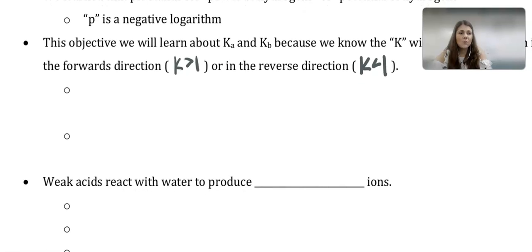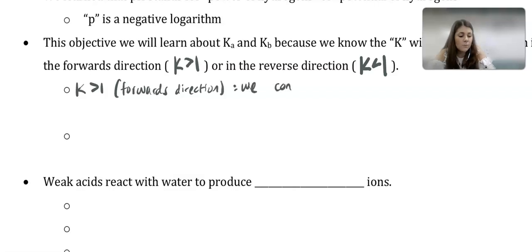So let's just kind of recap of when we talked about equilibrium. When K was greater than 1 in the forwards direction, we consume reactants to produce products.